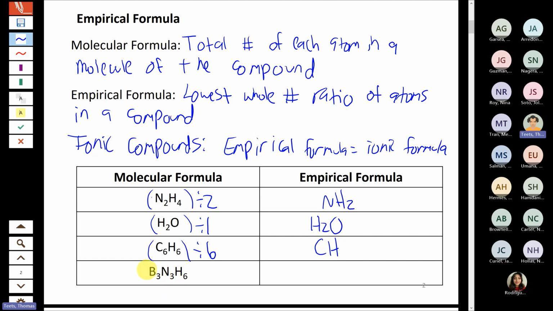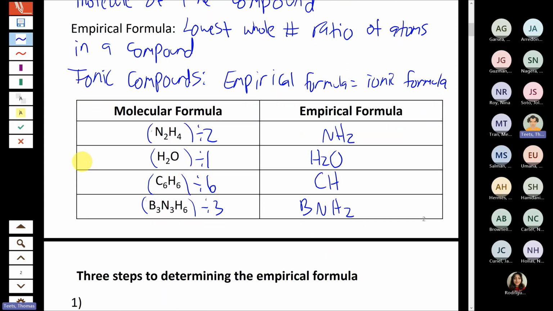The greatest common factor of 3 and 6 would be 3. So if we divide by 3, we get BNH2. So empirical formulas are going to still be whole numbers. You don't want to have fractional subscripts in them. But to get an empirical formula from a molecular formula, you always just want to divide by the greatest common factor of all the subscripts.